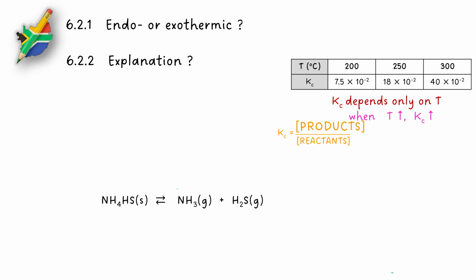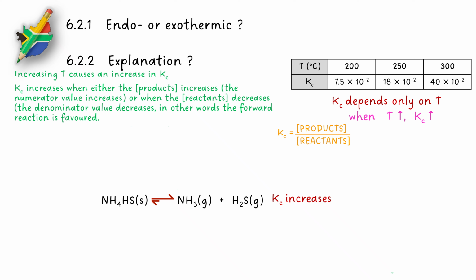The value of Kc increases if the numerator value gets larger, that is, the concentration or pressure of products increases. Or Kc can increase if the denominator value gets smaller, that is, the reactant concentrations or pressures decrease. Another way of putting this is that if the forward reaction is favored, then Kc increases.